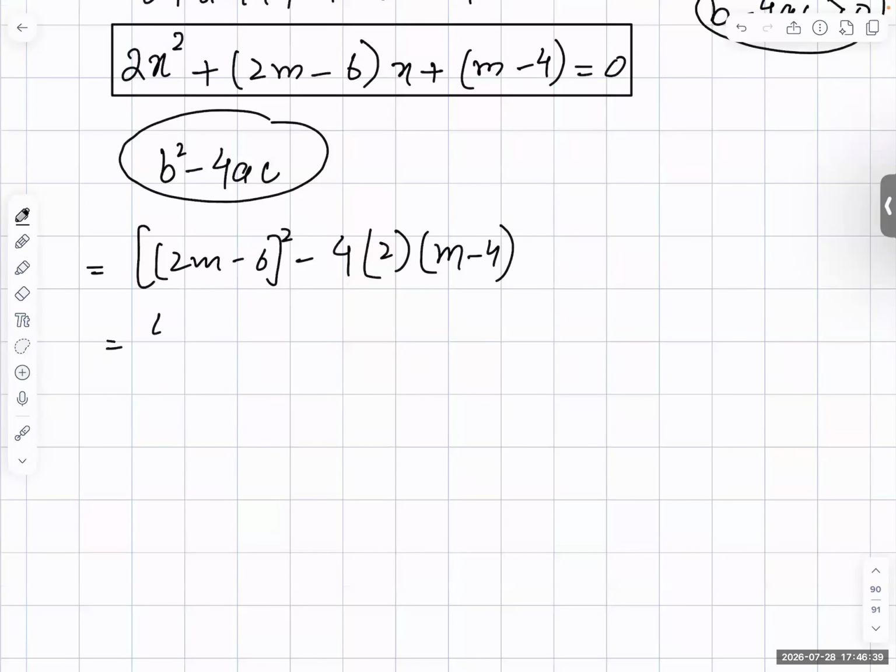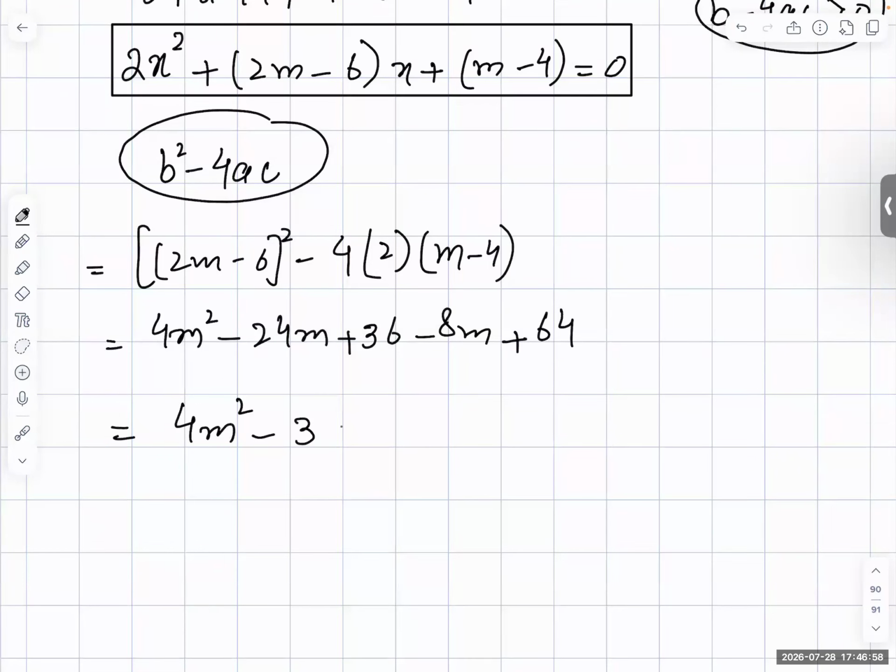So that is equal to 4m square minus 24m plus 36 minus 8m plus 64, right? And this is going to be 4m square minus 24 and 8 is 32m plus that is going to be 100.